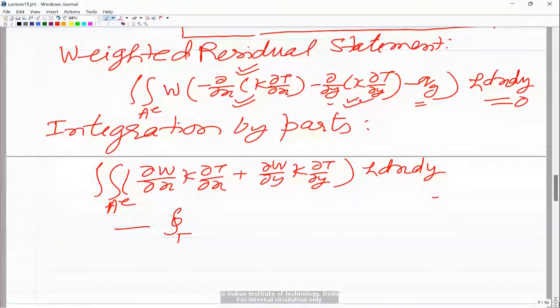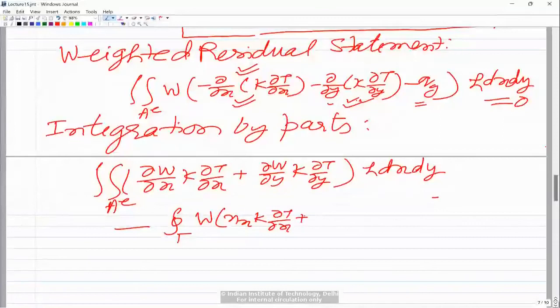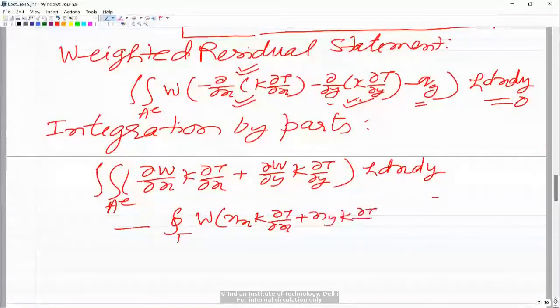So basically we will have the boundary term, the w term will be there, and depending on the boundary, we will have nx into k into del T by del x, plus ny into k into del T by del y, into h into ds.